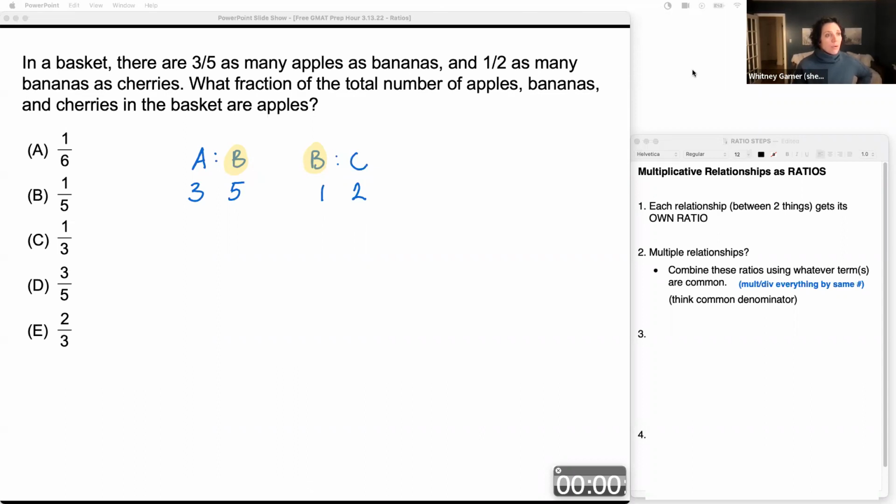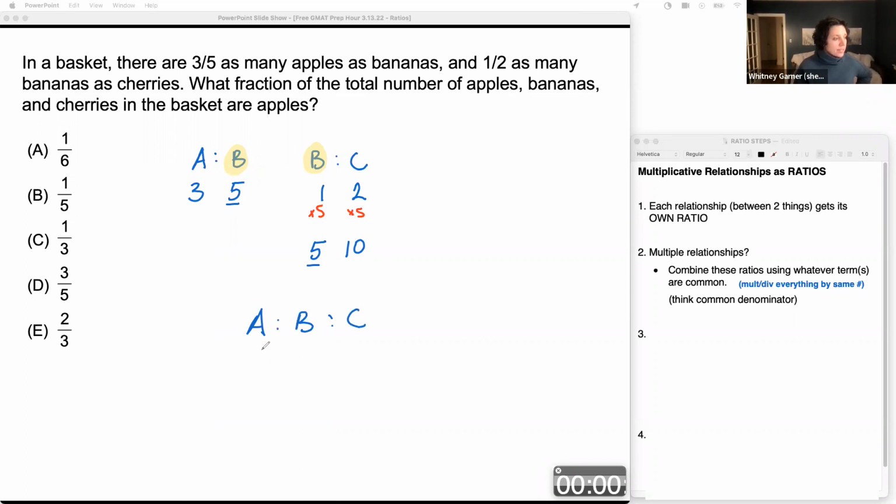To do that, I will multiply both items in this ratio by 5. For a ratio, which one is on the left and the right doesn't matter, in the same way that with a fraction we need the bottom to match. I just need that same item to match. So my second ratio becomes 5 bananas for every 10 cherries. Now that my bananas match, I can create a single ratio.